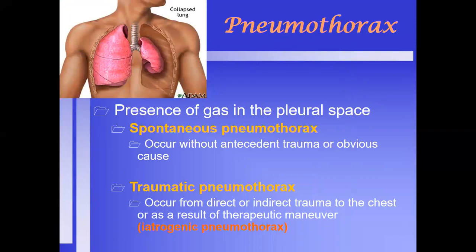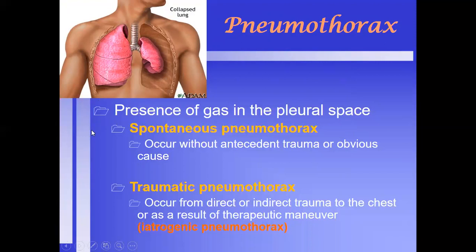The next problem or disease entity we encounter in the pleura is your pneumothorax. So when we say pneumothorax, there is air or gas in your pleural space instead of the fluid in your effusion.